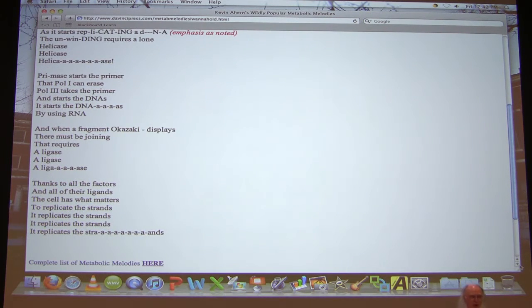And when a fragment Okazaki displays, there must be joining that requires a ligase, a ligase, a ligase. Thanks to all the factors and all of their ligands, the cell has what matters to replicate the strands. It replicates the strands.